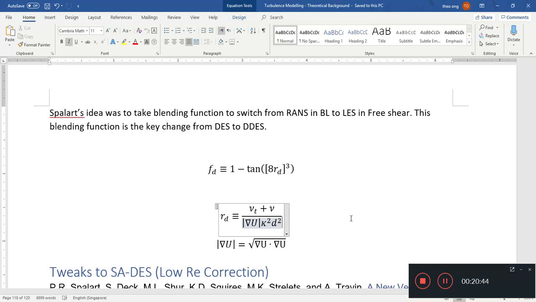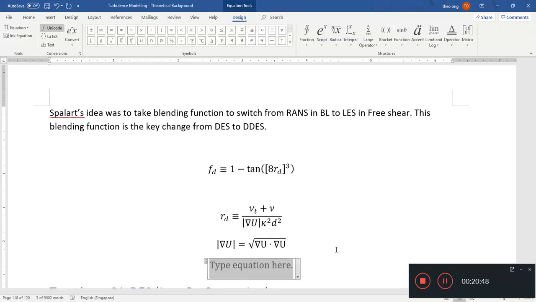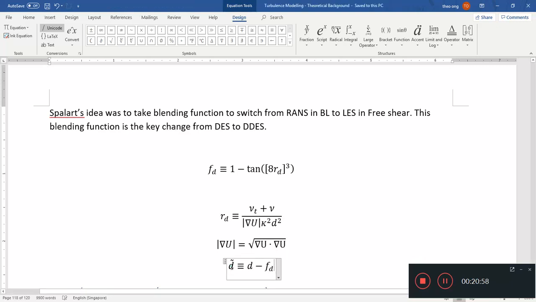The way we input fd is as follows, and I'll explain more next time. d tilde is equivalent to d, the distance from the wall, minus fd. Remember, this d tilde will appear in our Spalart Allmaras DES model, so you replace that d with this d tilde.